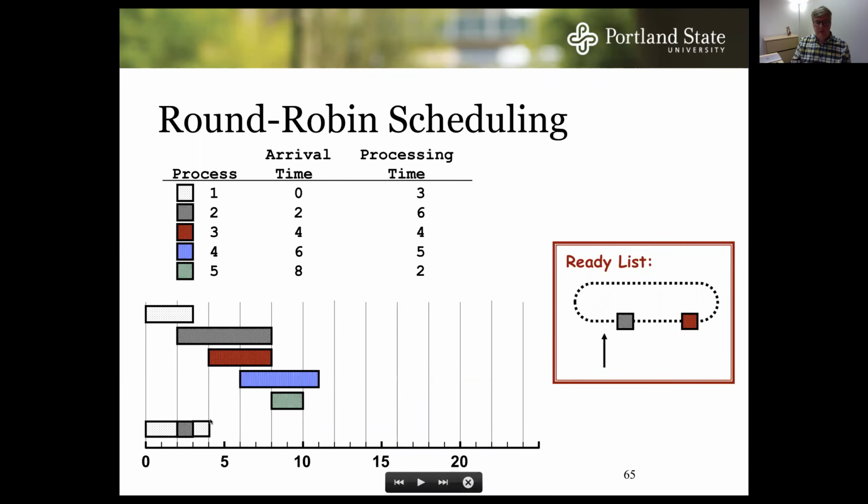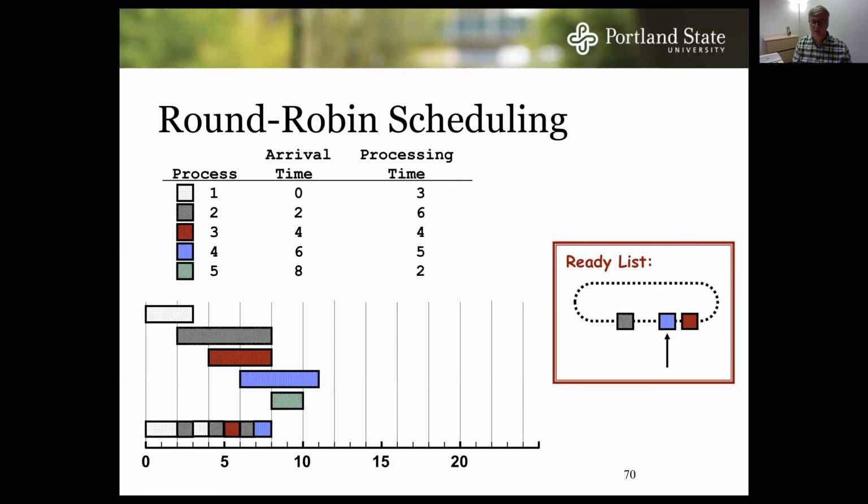Also at time 4, process 1 finishes, so there's really not 3, there's only 2 processes to be run. So then I'll run process 2, then process 3, then process 2, gotta get this right.